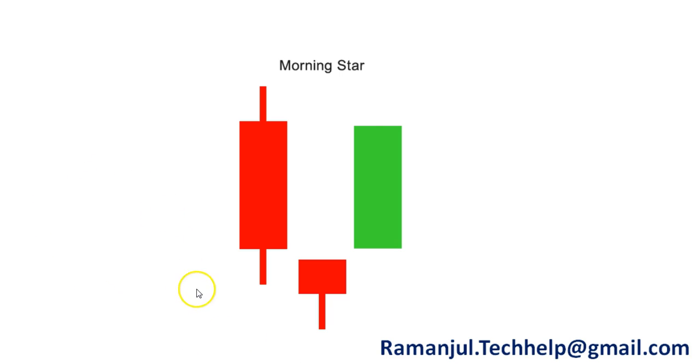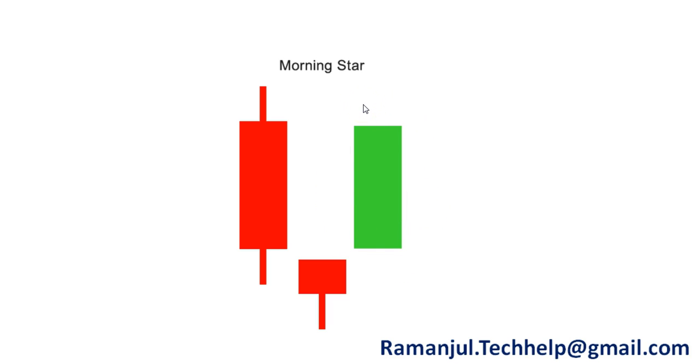Looking here, the first candle is completely red, a completely bearish signal, and the second candle is a doji. Sometimes this will appear in green, sometimes in red. The third candle should be a bullish candle, in green.